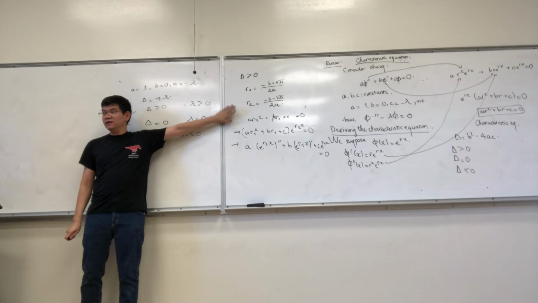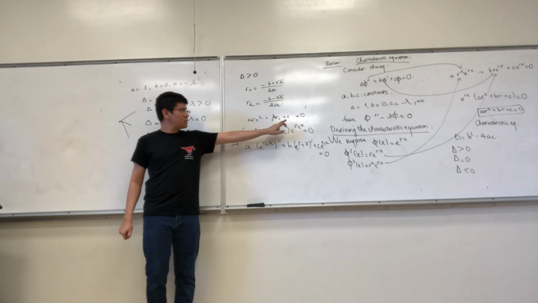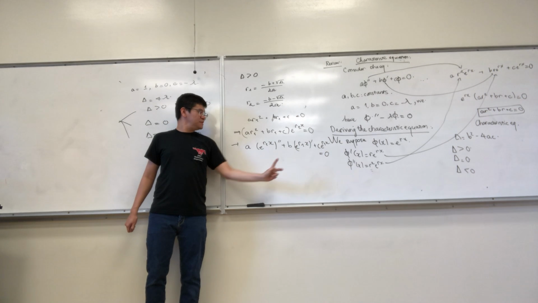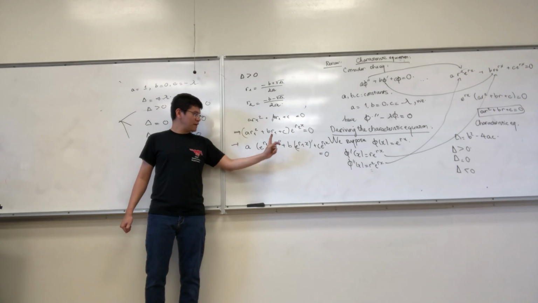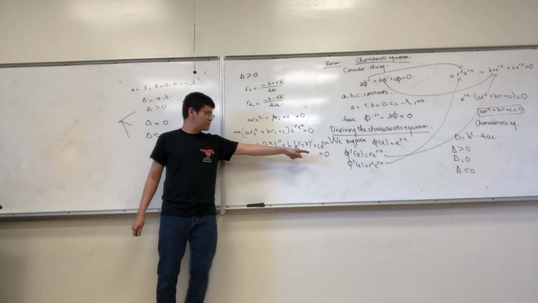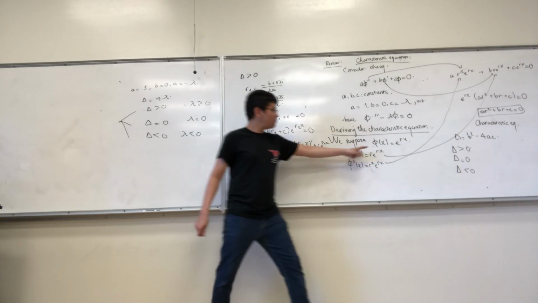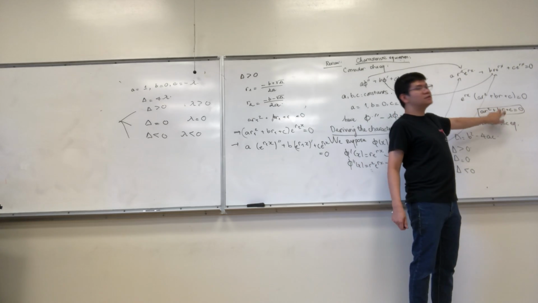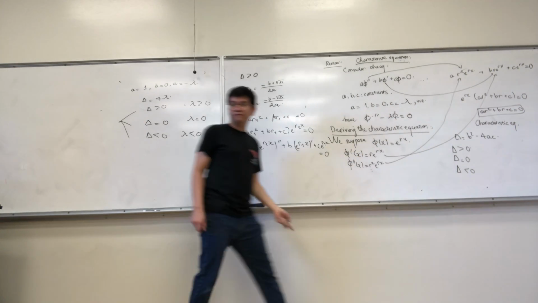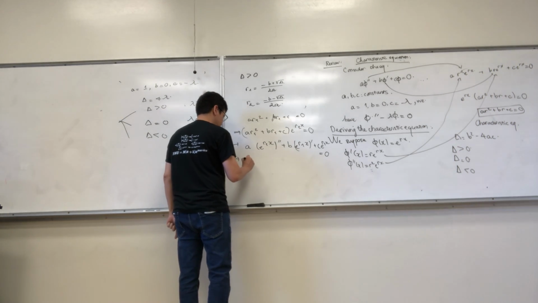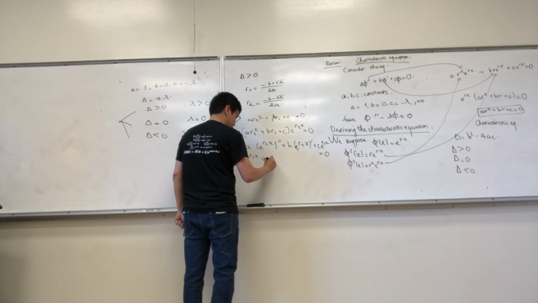R1 is a root, which means that A R1 squared plus B R1 plus C is 0. So A e to R1 x second plus B e to R1 x prime plus C e to R1 x is also 0. You go back from here to the original equation. So one solution is e to R1 x.